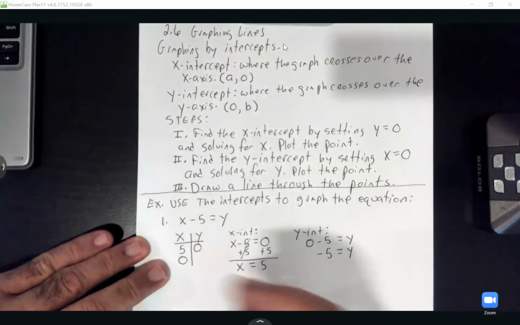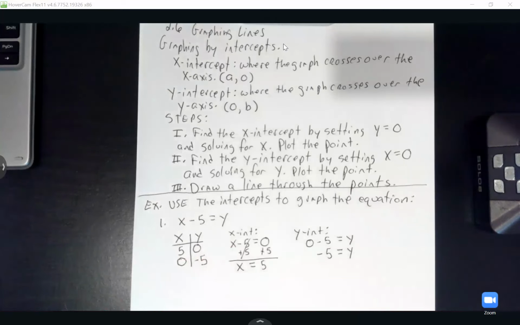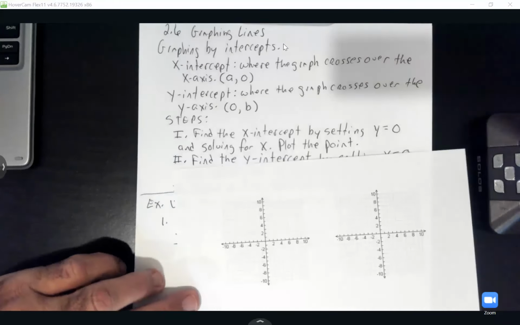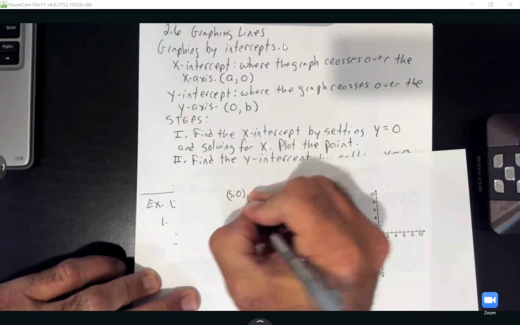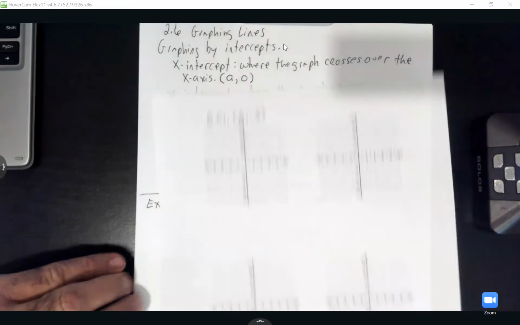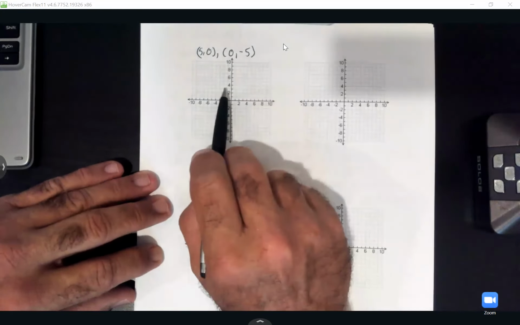So when x is 0, y is -5. So what I'm going to do now, using these 2 points, we had 5, 0, and we had 0, -5. Using them 2 points I just got, we're going to plot our line.